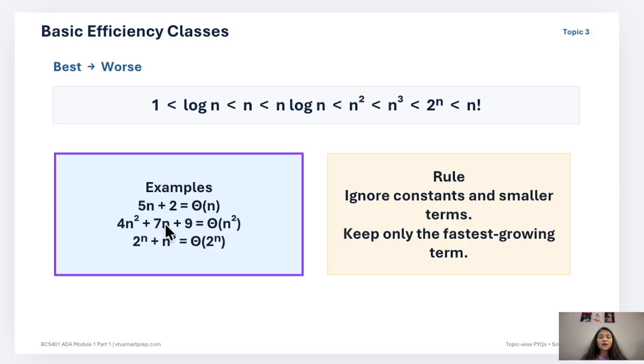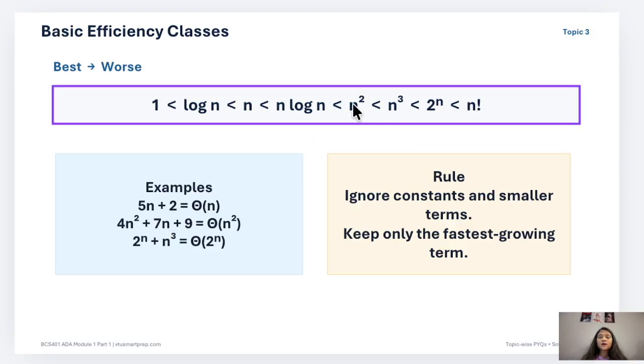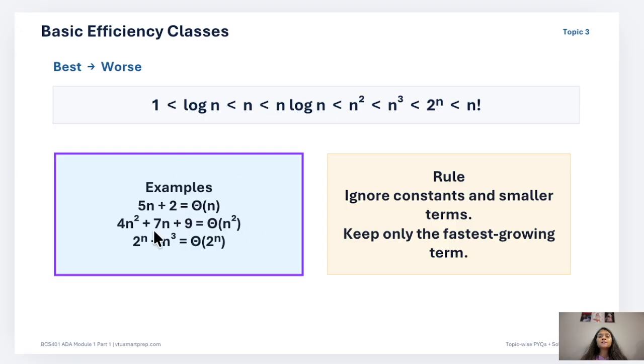Checking against the list, n log n is less, and here we are talking about the worst case, so theta of n square. In this example I am talking about the worst case, that is the reason I am taking theta of n square.